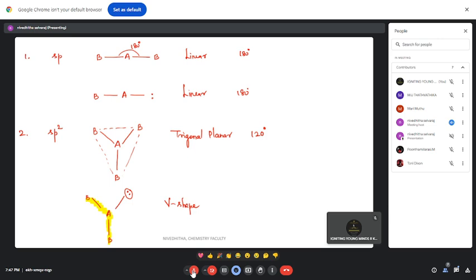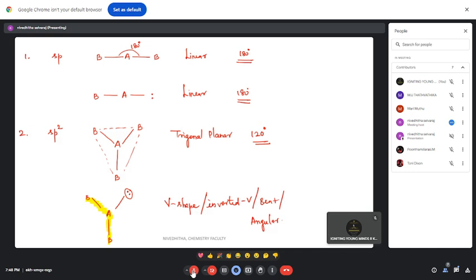You have to call that shape V shape, or it is also called inverted V, or bent shape, or angular. Okay, fine. Study the bond angles for the molecules I'm giving. The rest of the bond angles are not necessary. So please study the bond angles I'm giving to you.